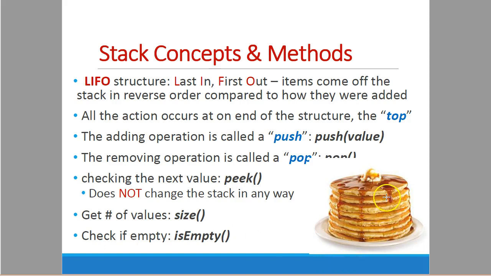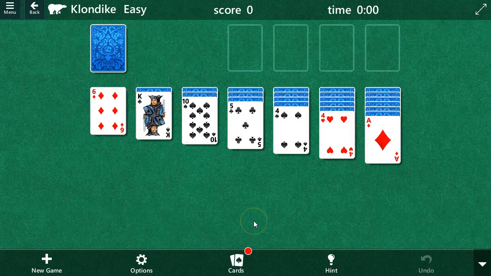So their example here of stacks is a stack of pancakes, and that's kind of true. Although personally, when I eat pancakes, I always cut right through the center, right? So let me give you a different example of what a stack is that you're probably familiar with. This is the game of solitaire. Most of you have probably at least seen solitaire on the computer, and I should brag that Microsoft Solitaire was just inducted into the Video Game Hall of Fame on May 2nd, 2019.